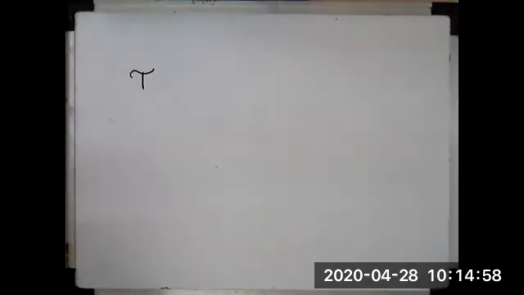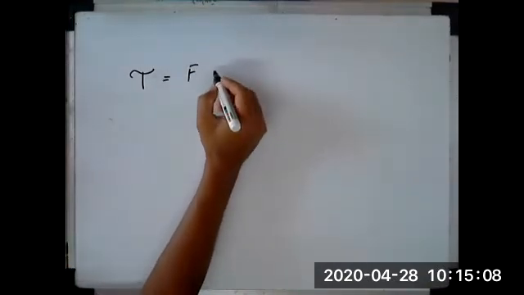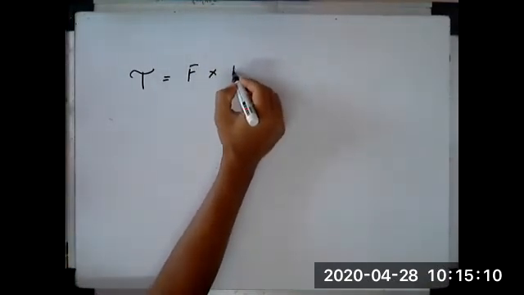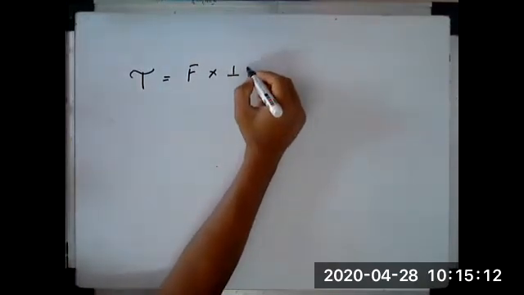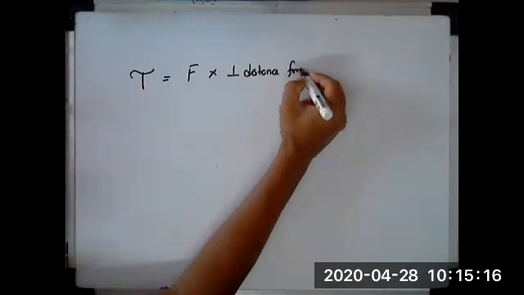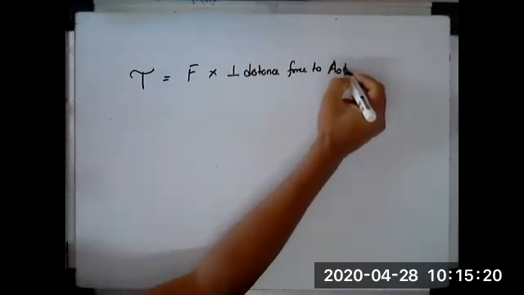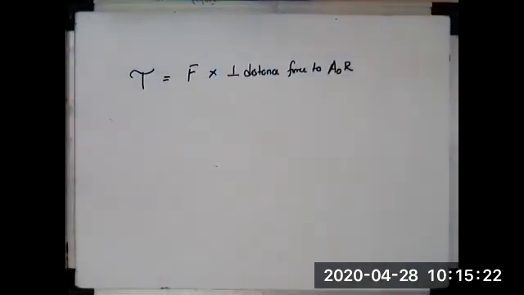So we saw the other day that the torque, or a moment of force, is equal to the force multiplied by the perpendicular distance from force to axis of rotation.